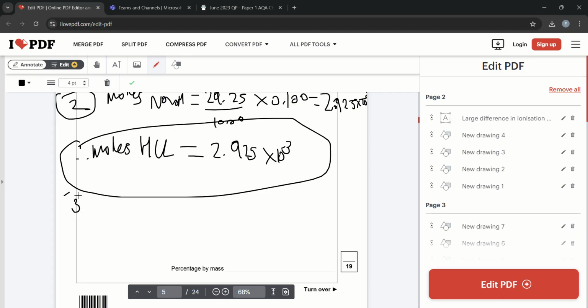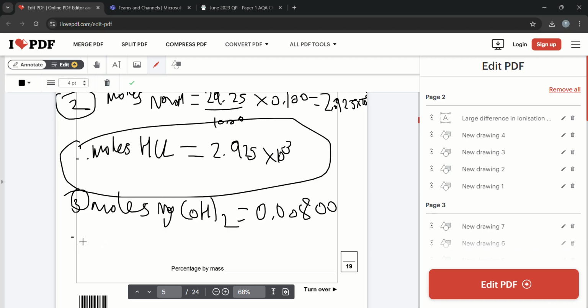So moles of magnesium hydroxide equals 0.00800 minus 0.00295.